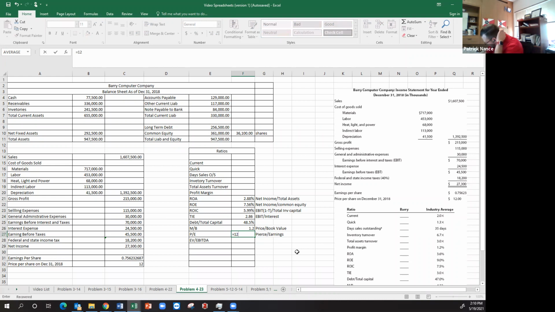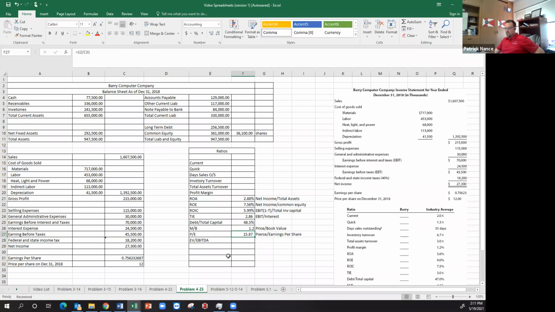And then for the earnings, we can use the earnings per share number, so price divided by earnings per share.